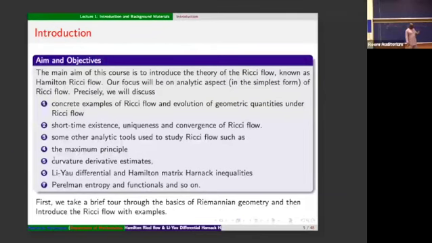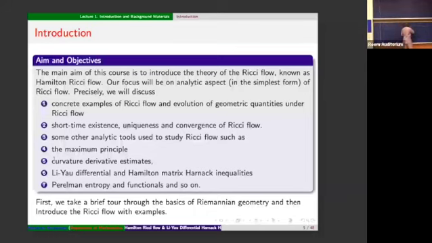We are going to see even Perelman's Harnack inequality. Then we will introduce Perelman's entropy and functional and some other terms. So this is what we are going to discuss in this course.